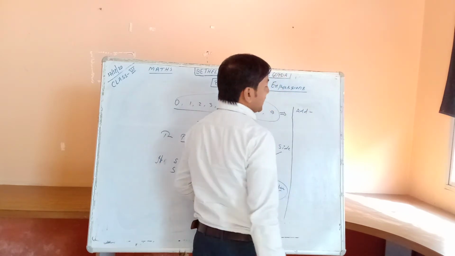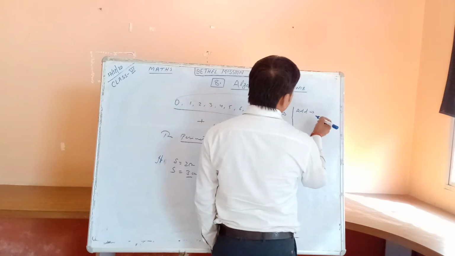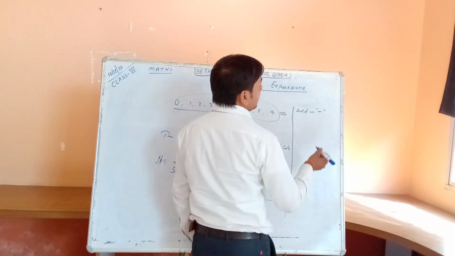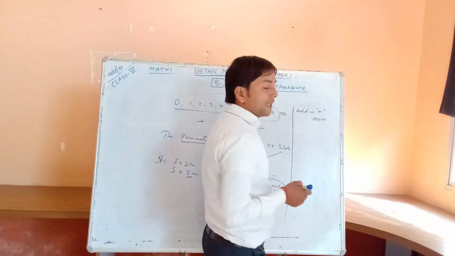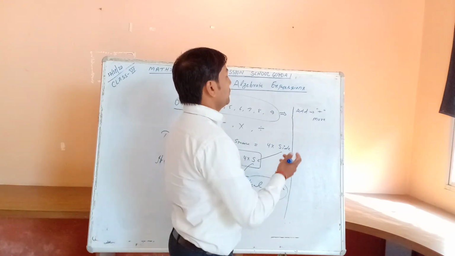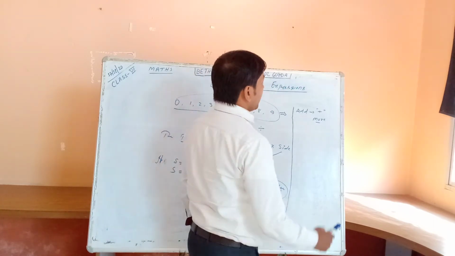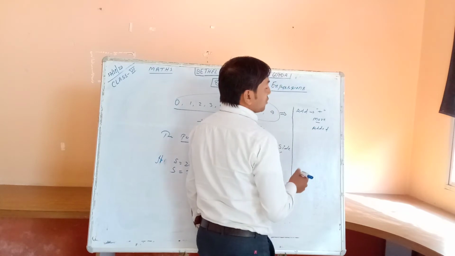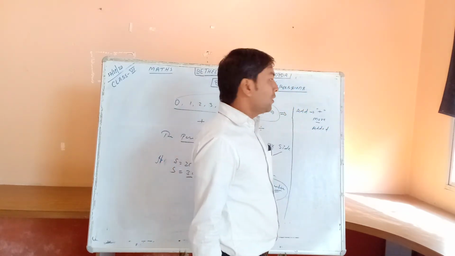For addition, we have to take the plus symbol when the given number is more. Suppose a number is more than 5, then we have to take plus. If added is written, we have to take the plus symbol.